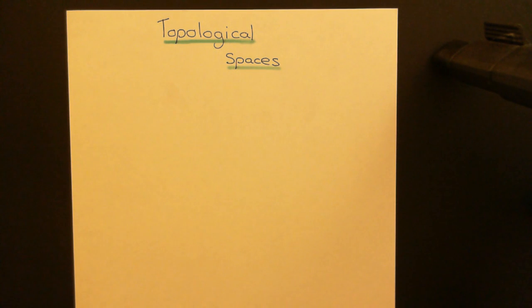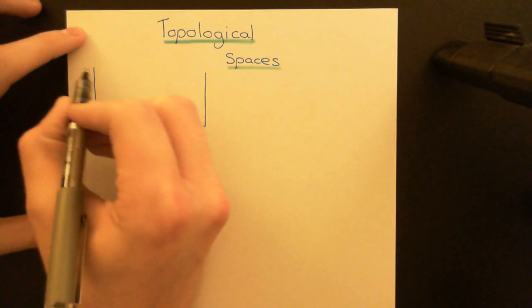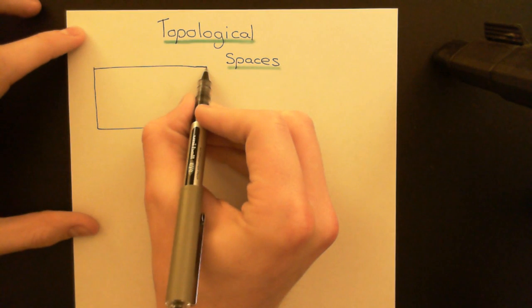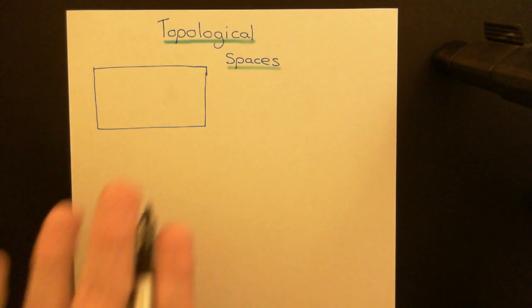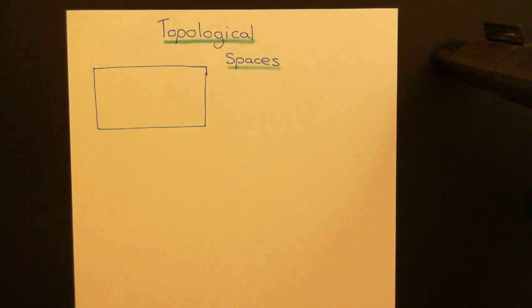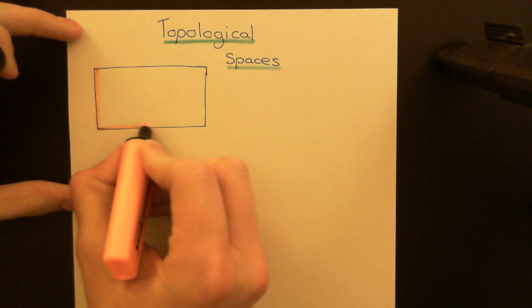Okay, so we're going to be working with the two-dimensional plane, so I'll just draw my little two-dimensional plane here. Okay, so what I want to do then is create a mathematical structure to represent some sort of properties of the two-dimensional plane here.